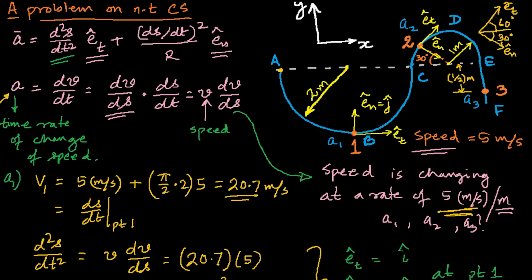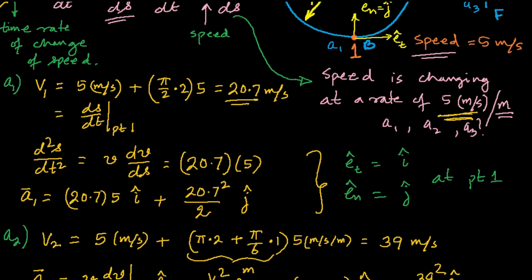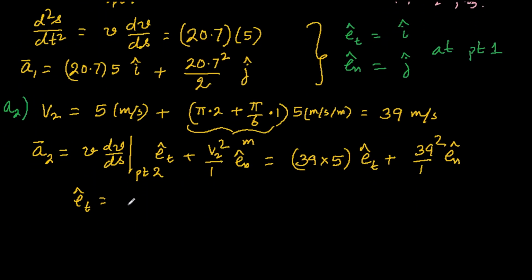Fine. So et will be cos 60 degrees times i plus sin 60 degrees times j.